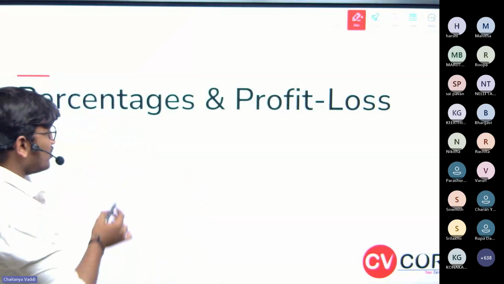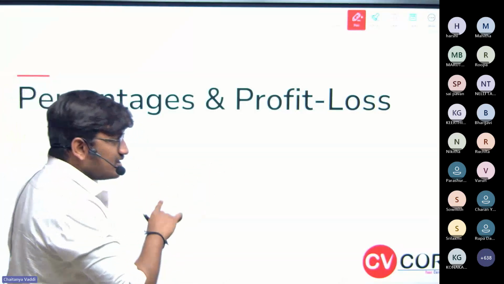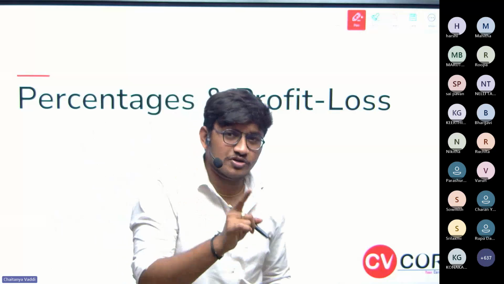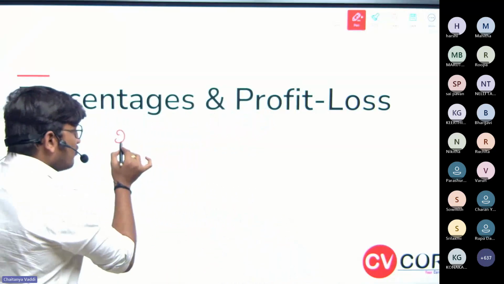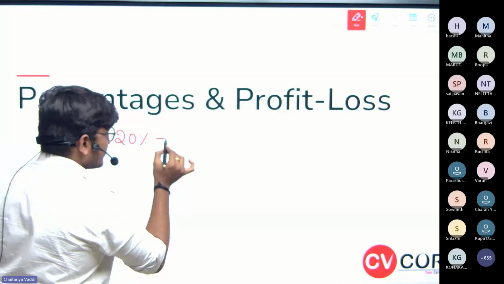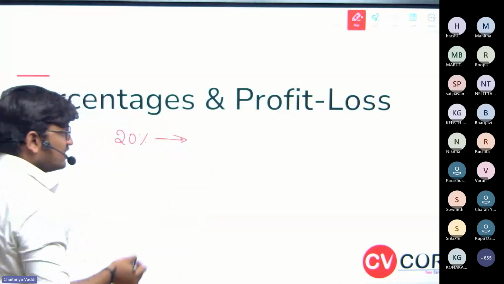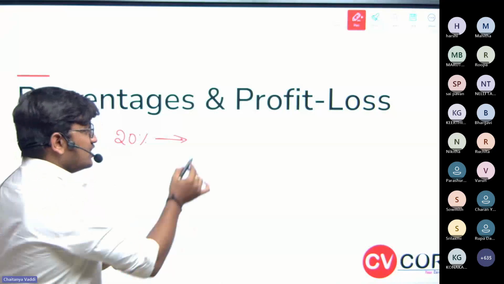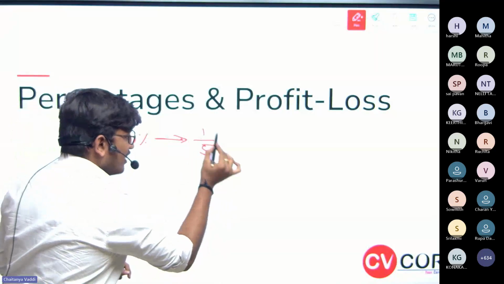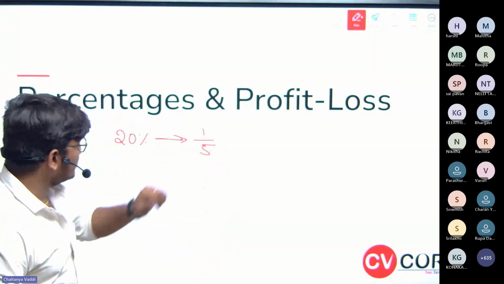The next important point is percentage to fraction or fraction to percentage conversions. Very simple. When I'm talking about 20%, how do we convert this into a fraction? 20% is nothing but 1 by 5. Sir, how did you get this 1 by 5?